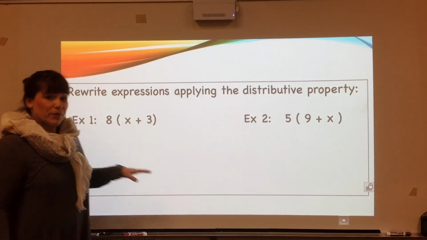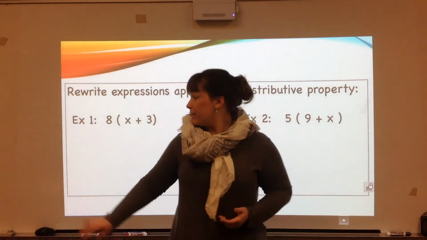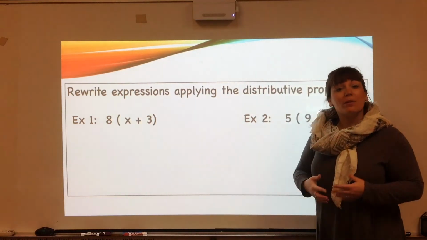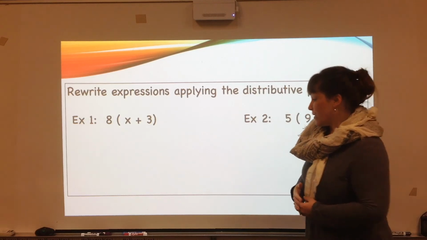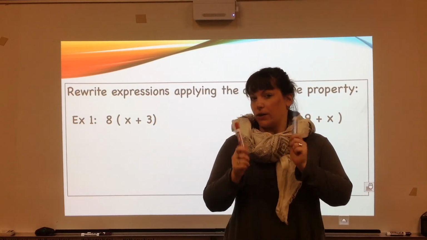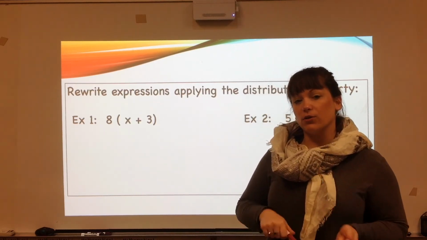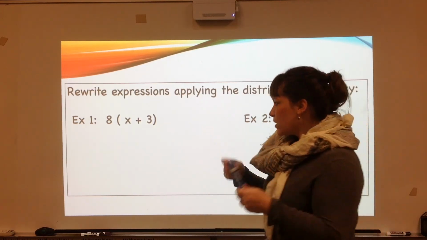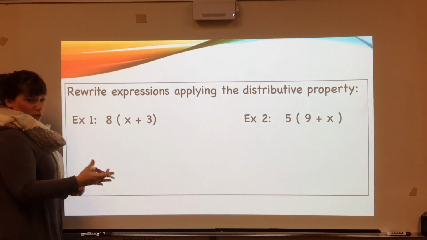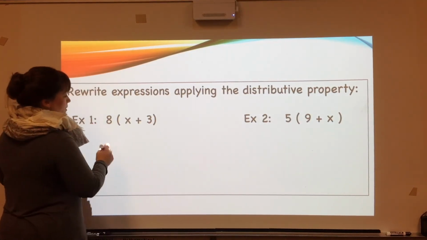So here we're going to practice rewriting an expression using the distributive property, or applying the distributive property to it. So we are going to like to have 2 different colors. That will help you remember what to do. If you don't have 2 different colors, that's okay. I'm going to use that so that hopefully you see the 2 pieces.